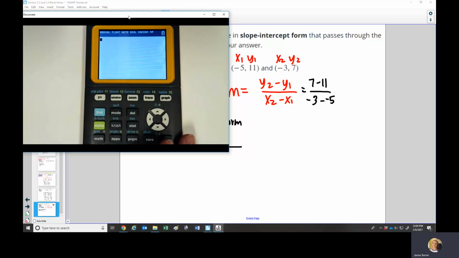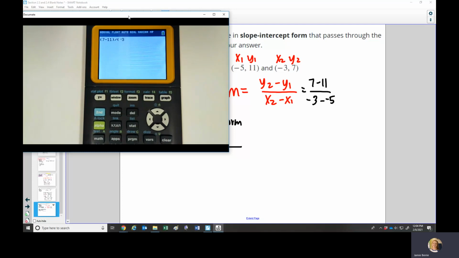All right, so put the numerator in parentheses. 7 minus 11. Anytime you're doing some kind of operation in the numerator or in the denominator, you always want to make sure you put that in parentheses, so your calculator knows, okay, do this first and then divide it by whatever. So 7 minus 11 in the parentheses, divided by, then in another set of parentheses, put the denominator.